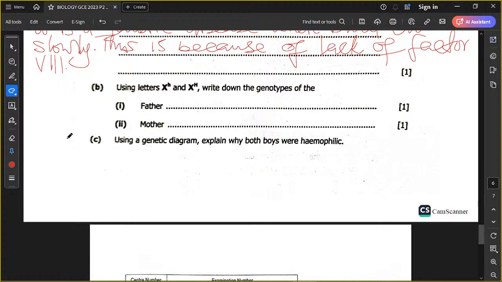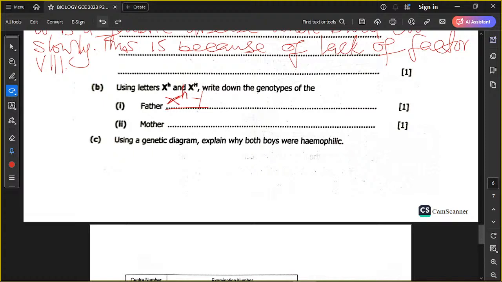For the father who is okay, the genotype of a male is XY. Since the father is non-hemophilic, he is going to have X with H, then Y.